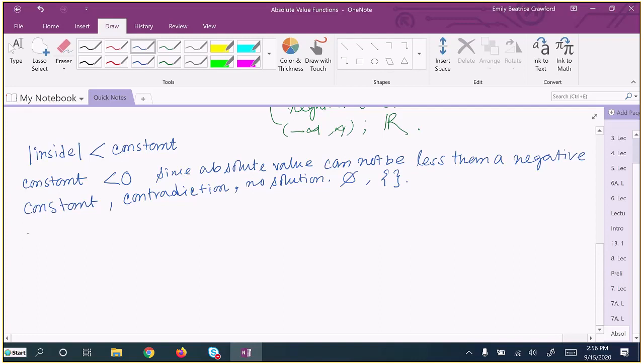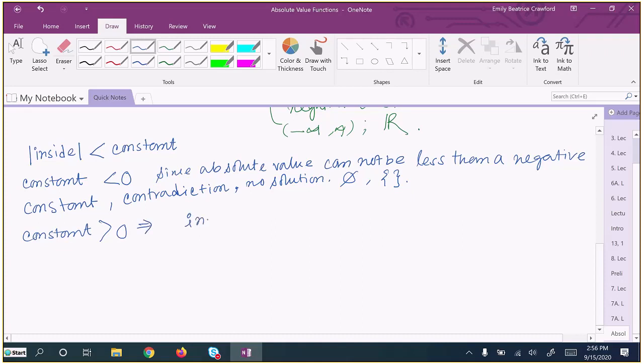But if this constant is greater than or equal to 0, then we get twofold solutions. Let's first do it for strictly greater than 0, then we will include the equality sign. So if the constant is a positive constant, then you write a twofold solution.